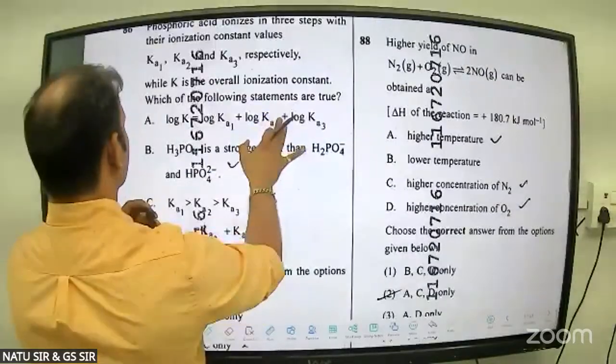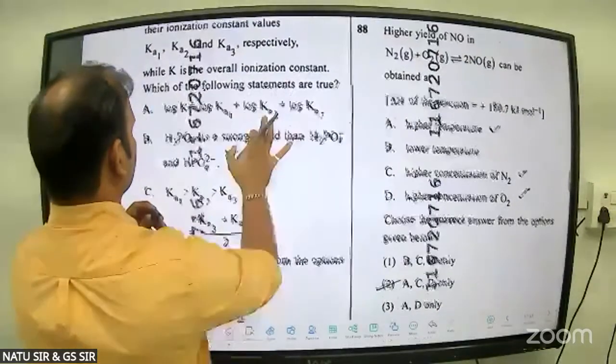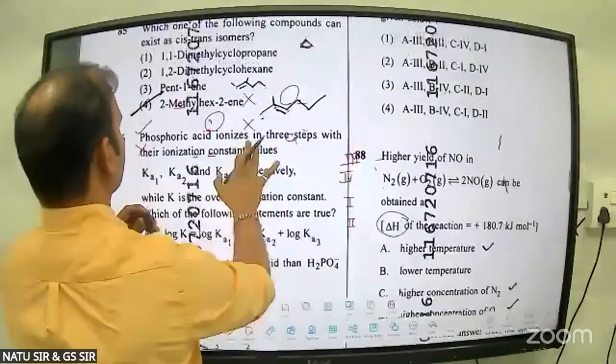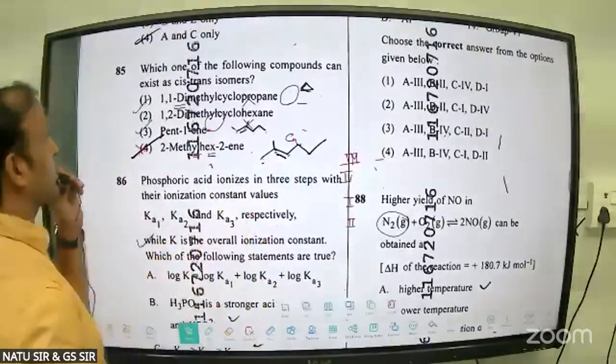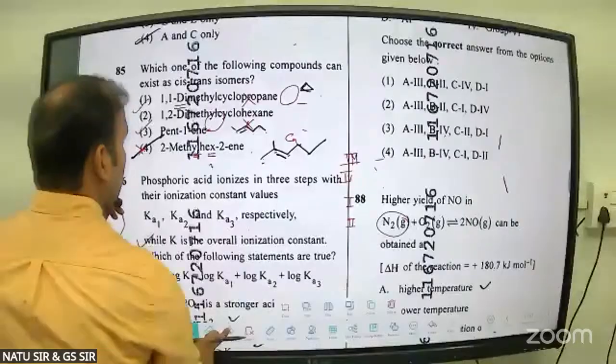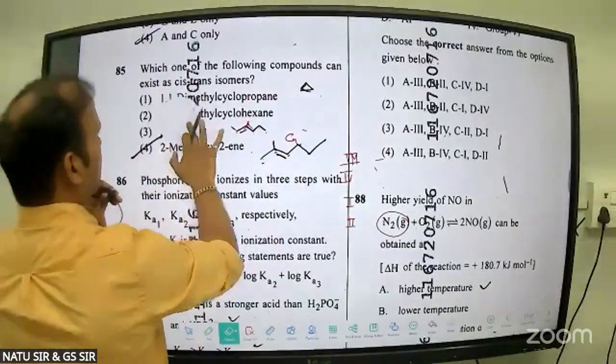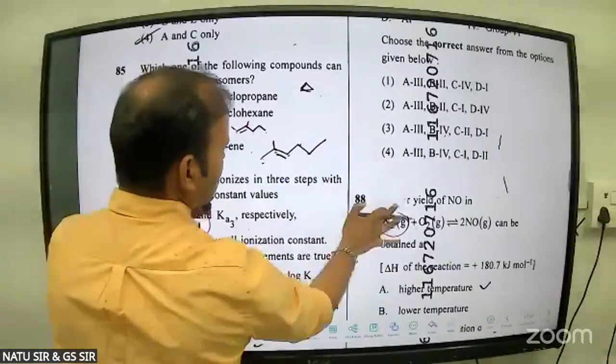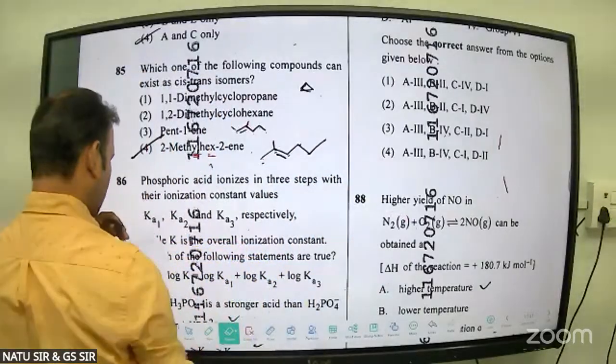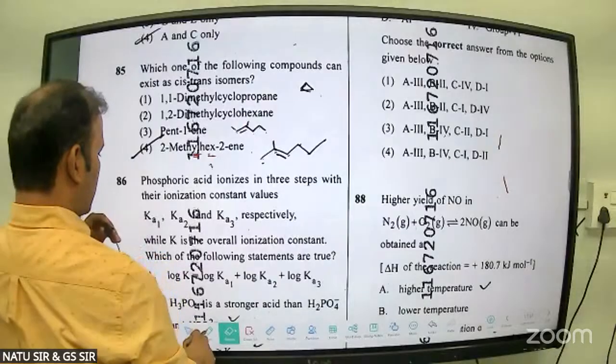The question is question number 86. Which one of the following compounds shows cis and trans isomerism? हमें पता है कि cis और trans दिखाने के लिए यहाँ पे cyclic compounds है.